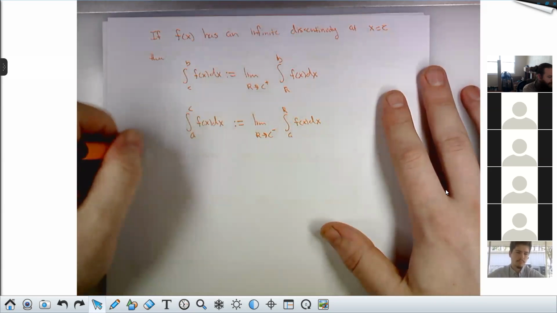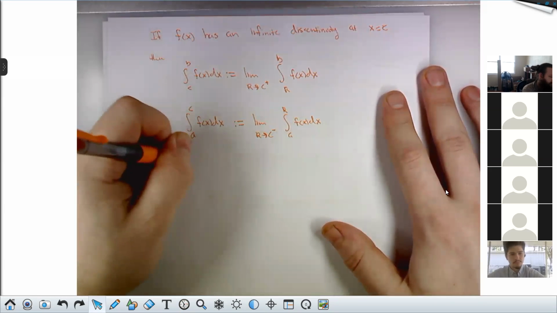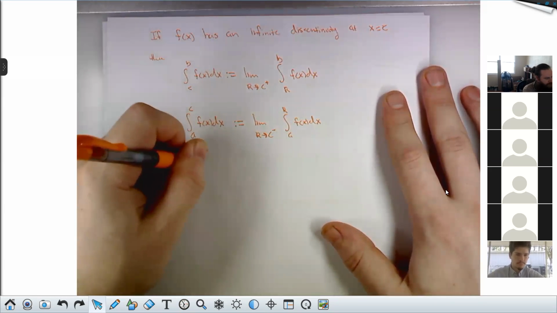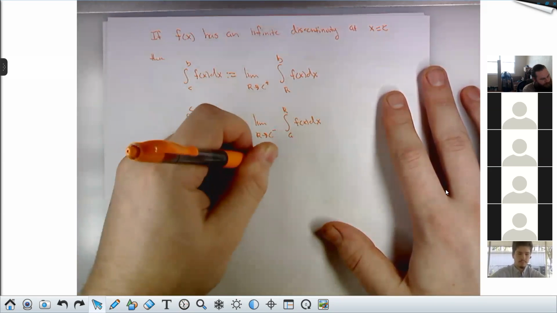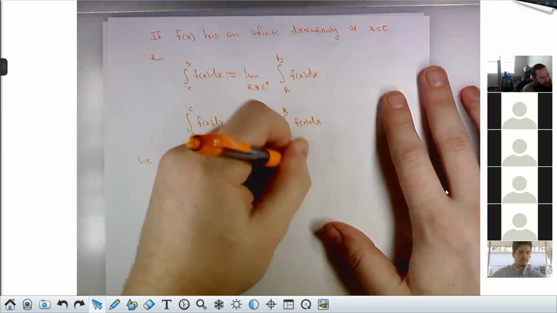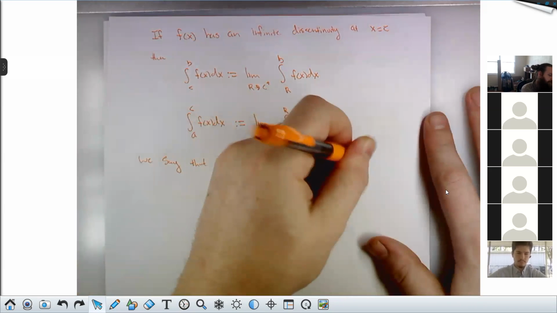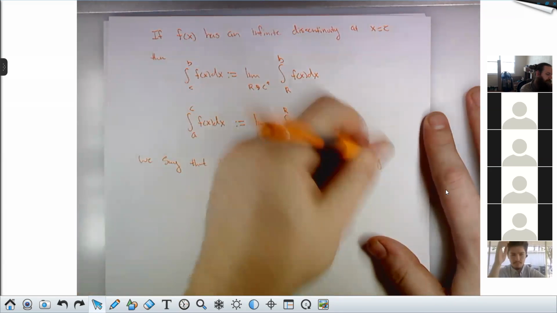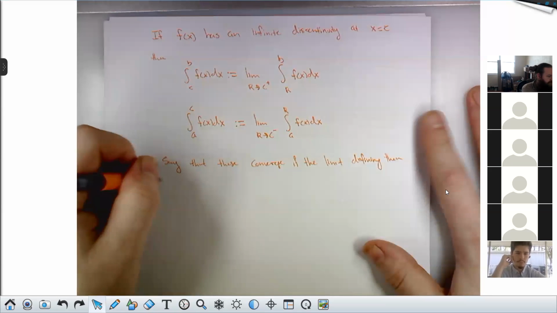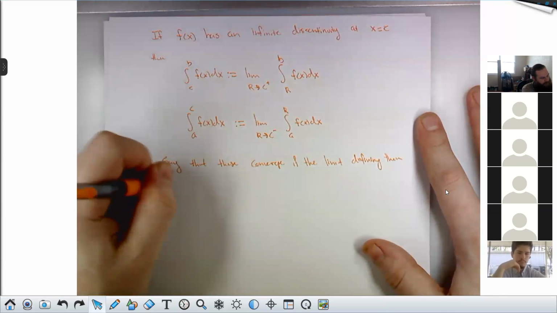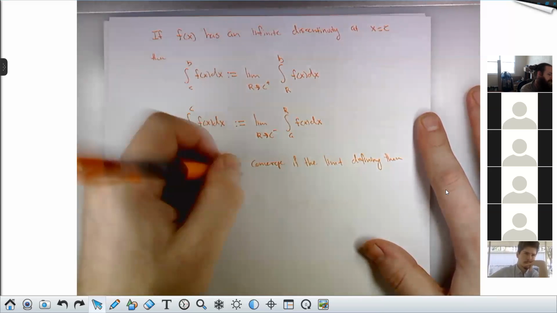And we say that these integrals converge if the limit defining them exists, and is finite.